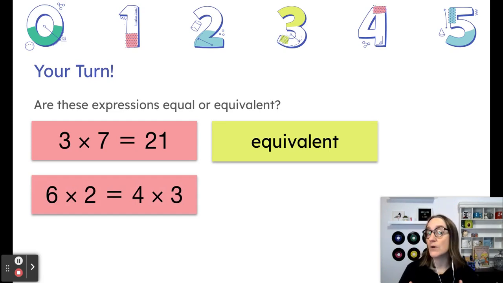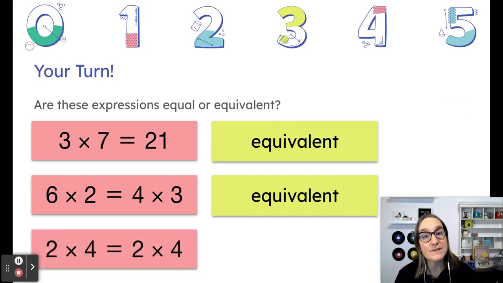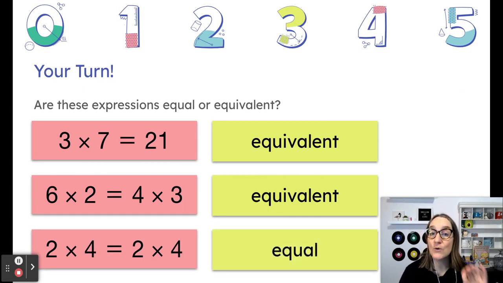Are they equivalent or equal? They're also equivalent. Again, both expressions represent the quantity 12, but they're not exactly the same in all aspects. Okay, and last but not least, 2 times 4 equals 2 times 4. These expressions are equal. We know this because they are exactly the same in all aspects.